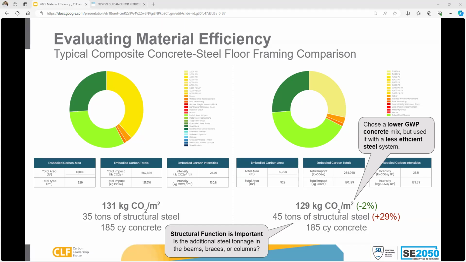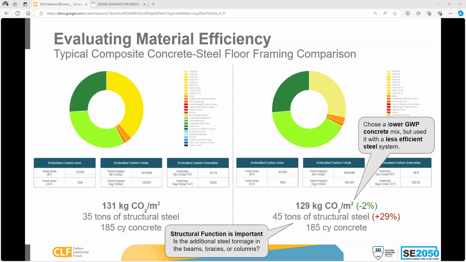If you do that same system and design it somewhat less efficiently, but you're really excited because you got a lower embodied carbon concrete on the topping slab, yes, you can get a slight reduction in the overall embodied carbon, but you've also used 30% more structural steel.